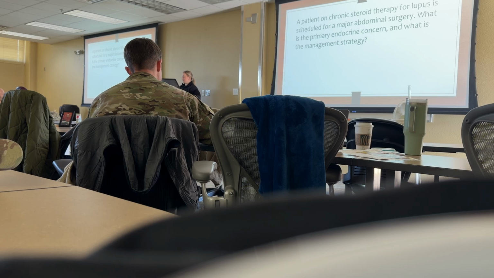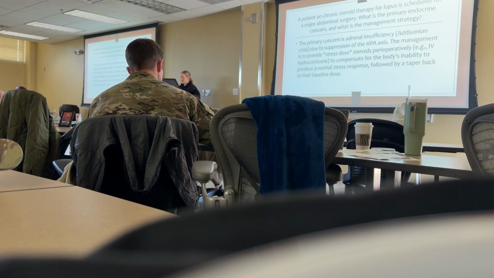Yep, Addisonian crisis and adrenal insufficiency. So how do we fix that? What do we do before surgery? We give them what type of dose? Stress dose. Very good. So that's a stress dose of steroids perioperatively, and then we try to taper back post-op.